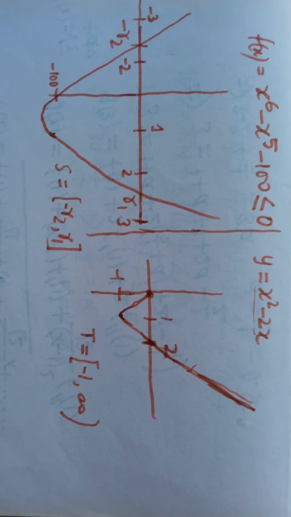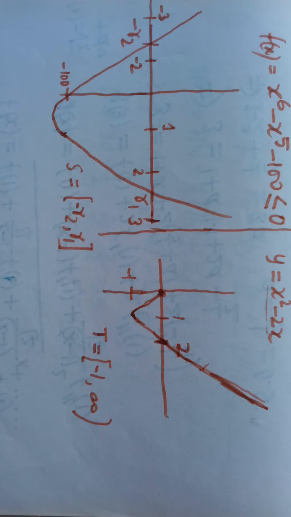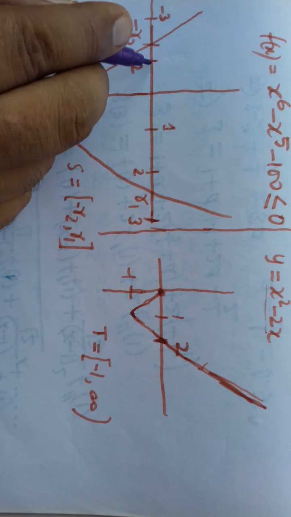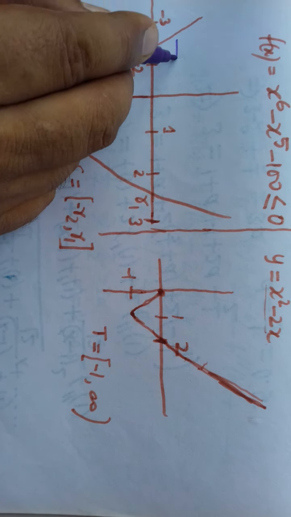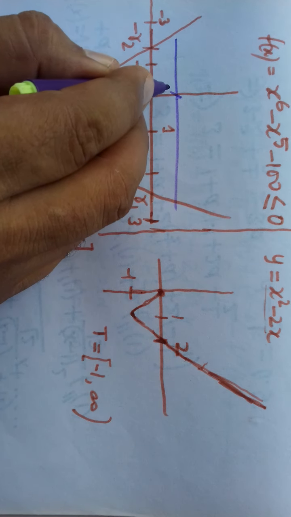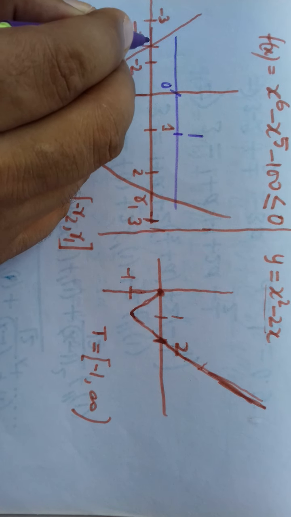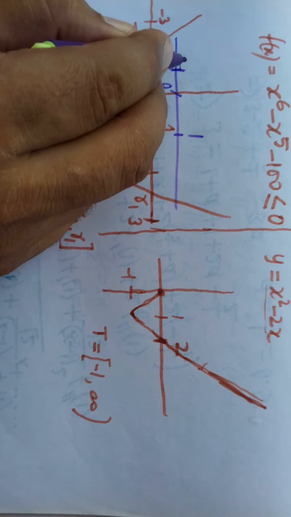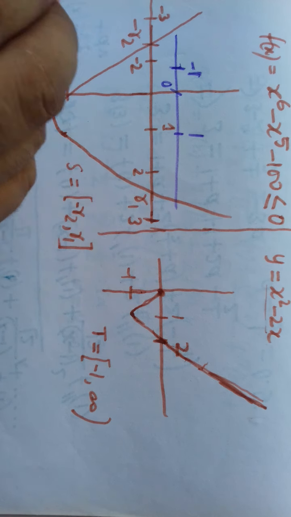To get the intersection, let us draw a number line. Take 0 here, 1, and at the same distance on the other side, minus 1.